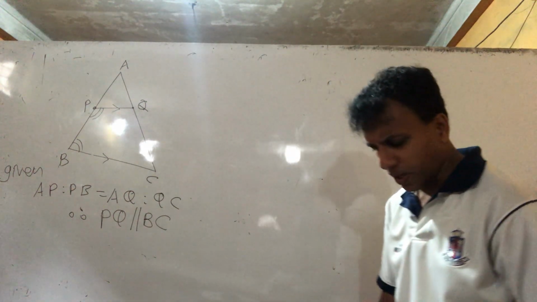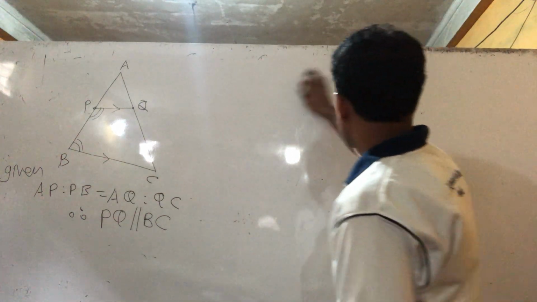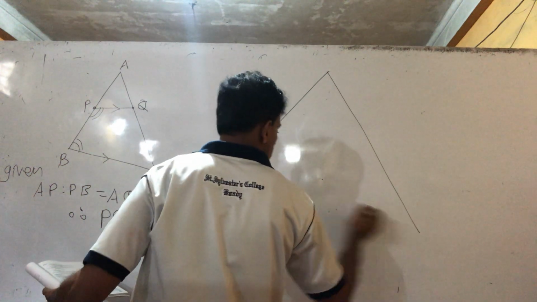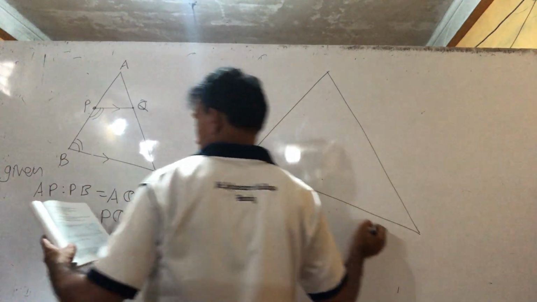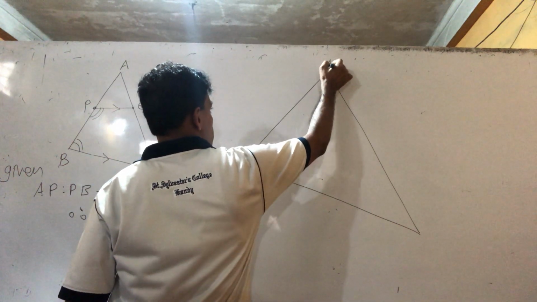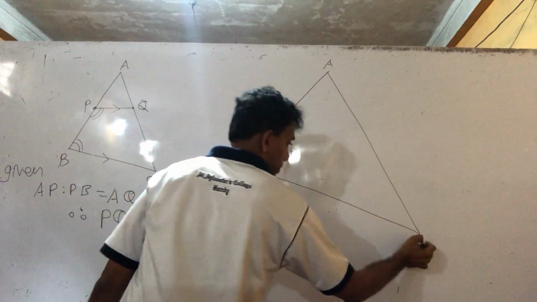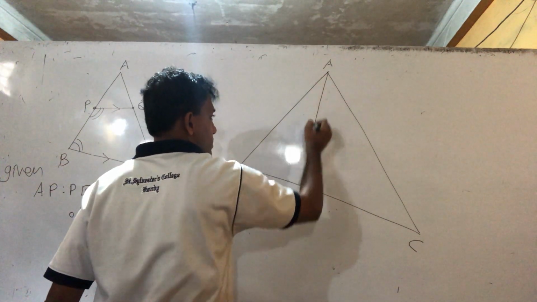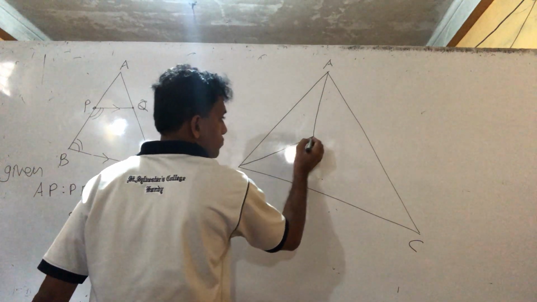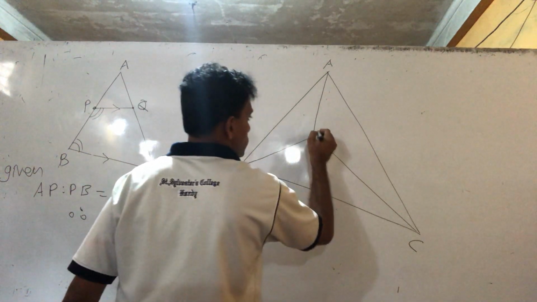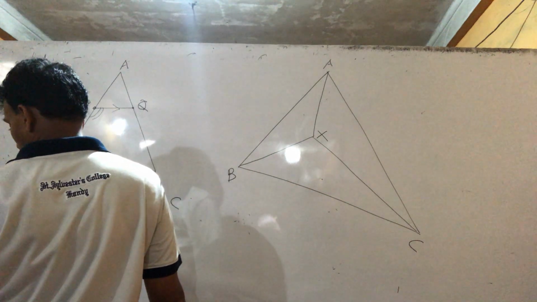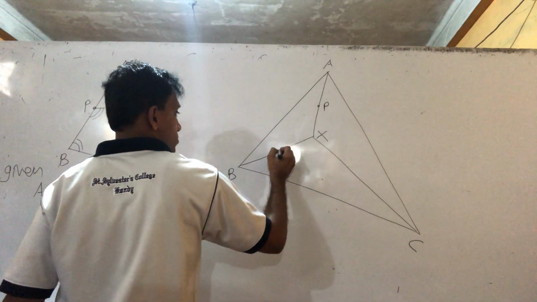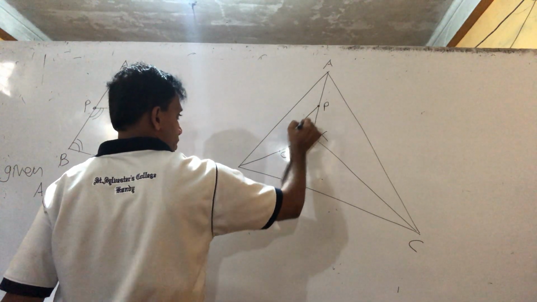Next question, that's one of the past exam papers, a very old paper. Draw the big triangle, named ABC. There's a point X like this. Here a point P, here a point Q, that is joined.